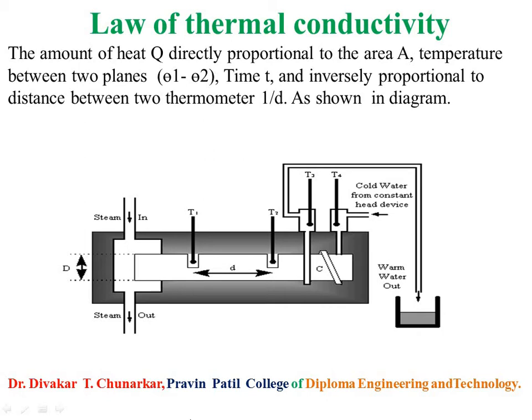So what I am saying is, when the temperature goes on increasing through the rod, the amount of heat Q is directly proportional to the area of the rod, temperature of the rod, and time t, and inversely proportional to the distance between two temperatures, that is d. Keep this in mind.